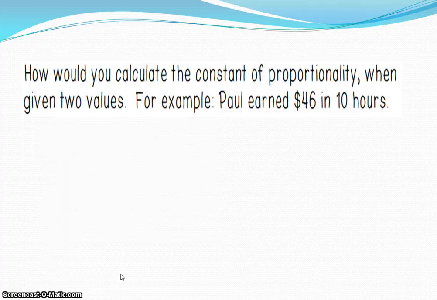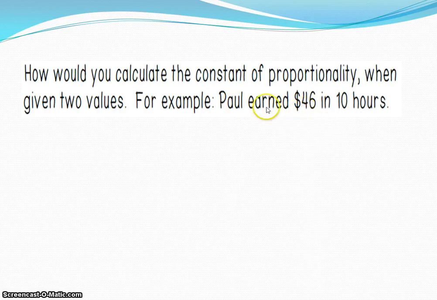Also, in terms of words or expressions, in this case we have Paul earned $46 in 10 hours. So we can find the unit rate, which will be the constant of proportionality, by dividing the dependent variable by the independent variable. So how do I know the $46 is the dependent variable? You have to ask yourself which depends on which.